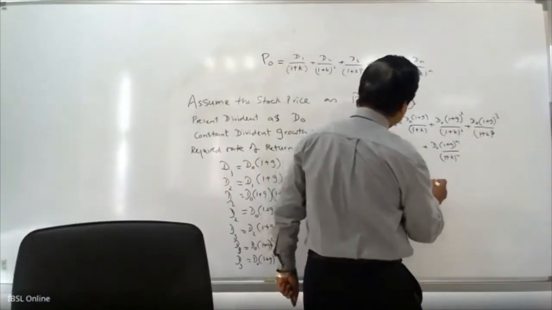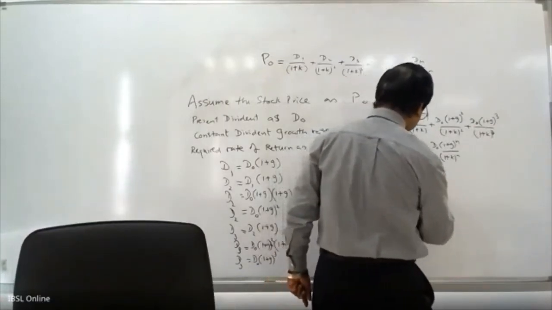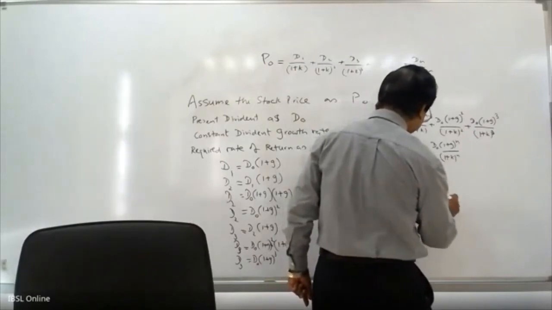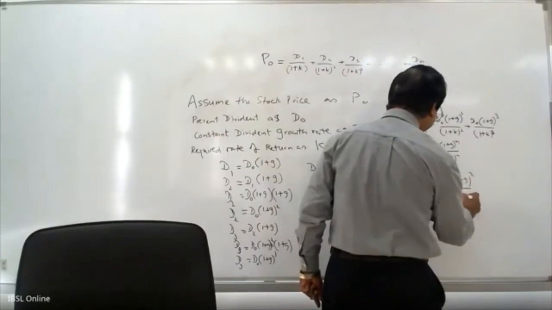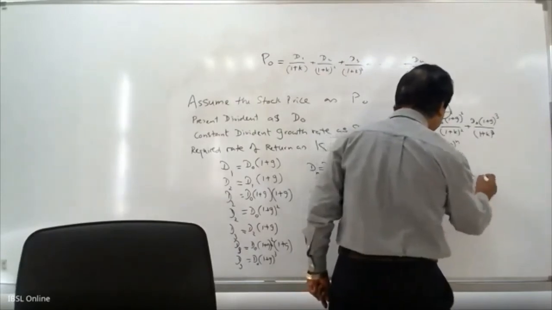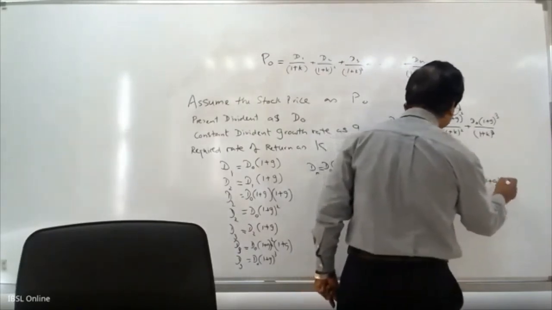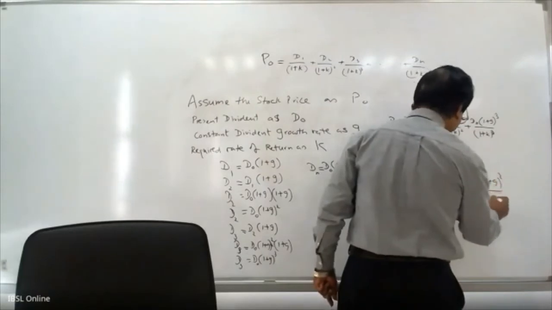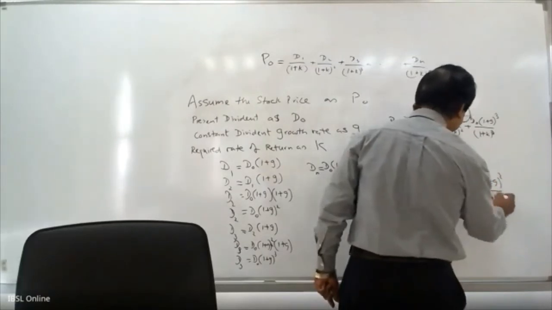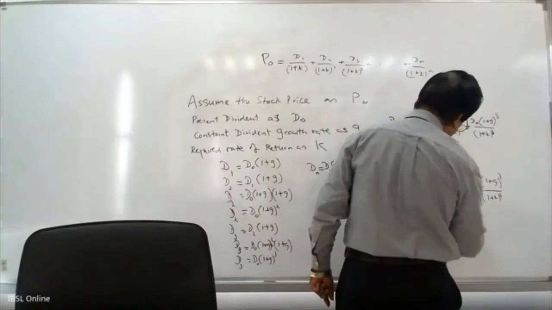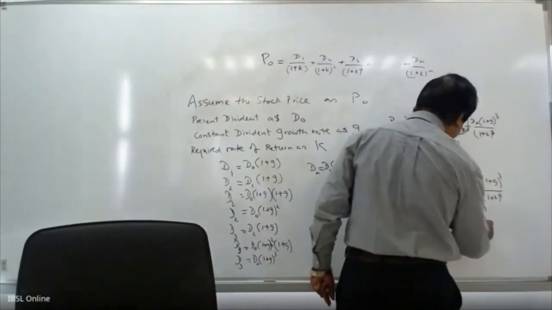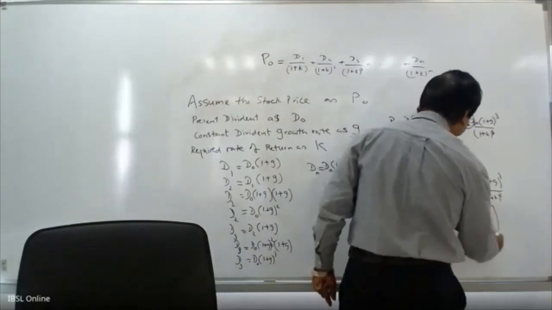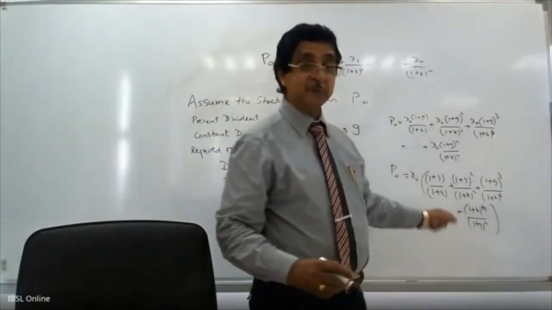Then you have (1 plus g over 1 plus k), (1 plus g over 1 plus k) to the power 2, (1 plus g over 1 plus k) to the power 3, up to (1 plus g over 1 plus k) to the power n. Now you get this type of a thing.